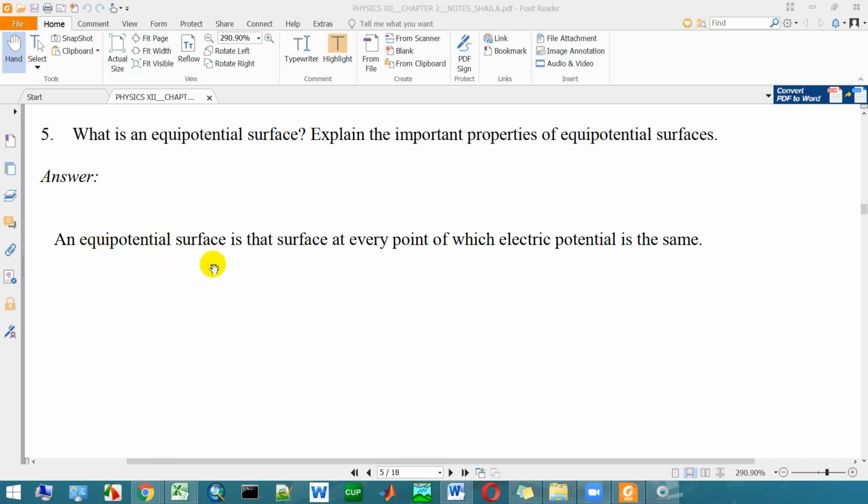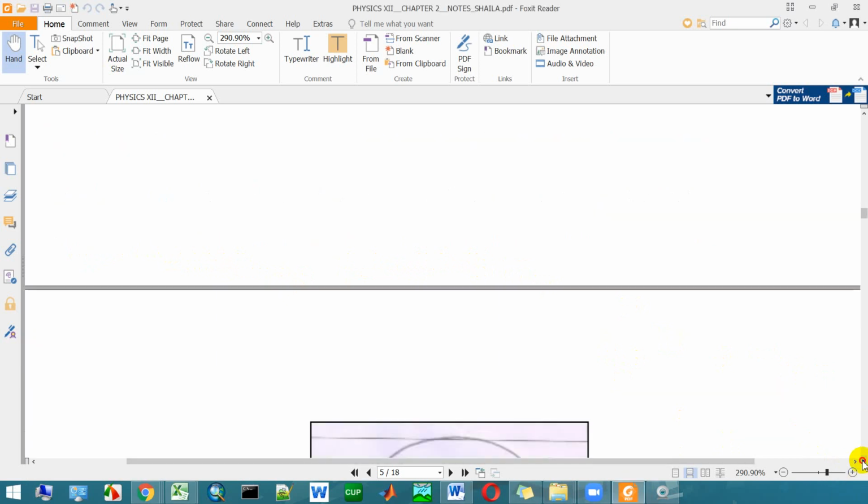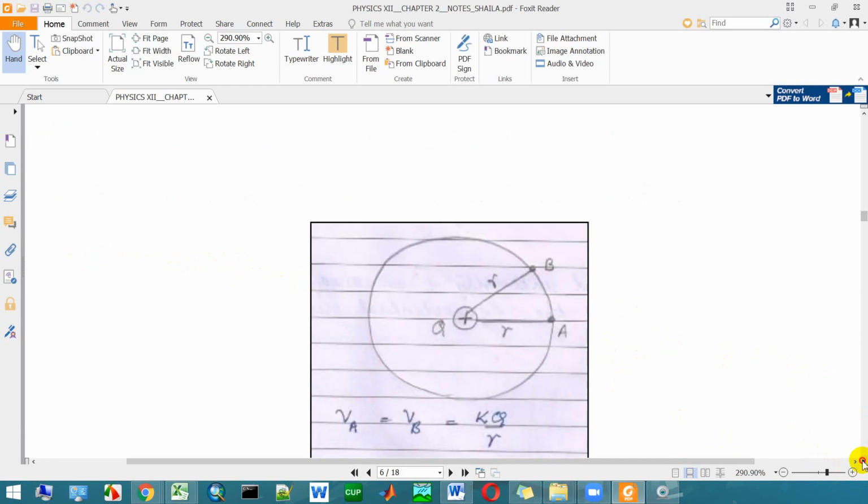So an equipotential surface is that surface at every point of which the electric potential is the same. So this is an equipotential surface.